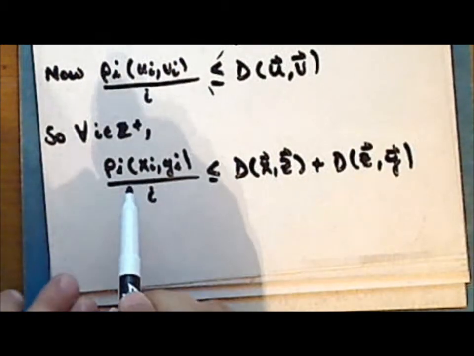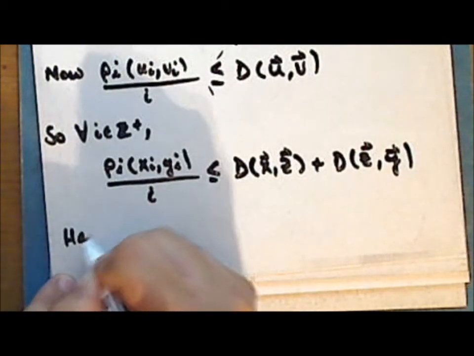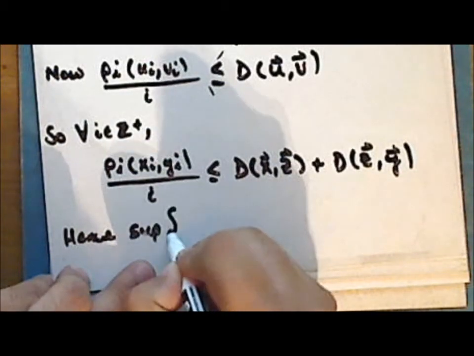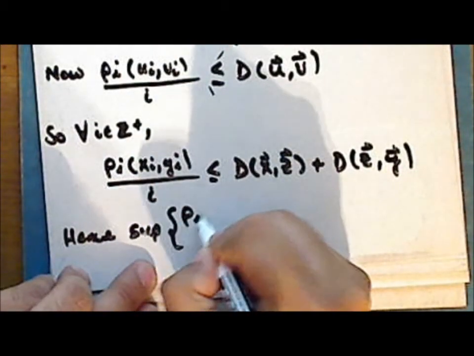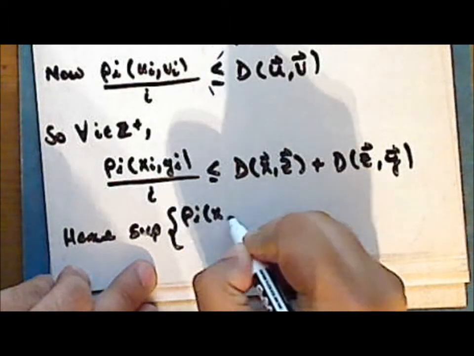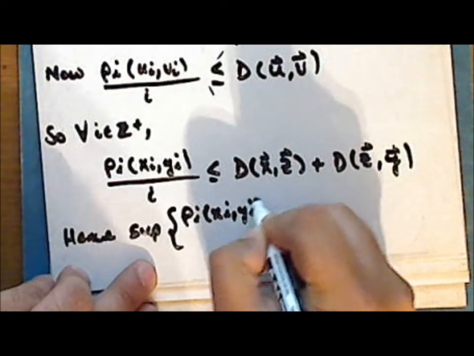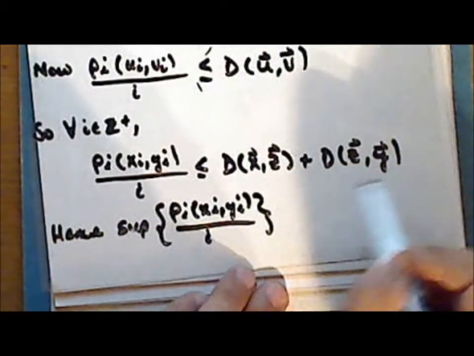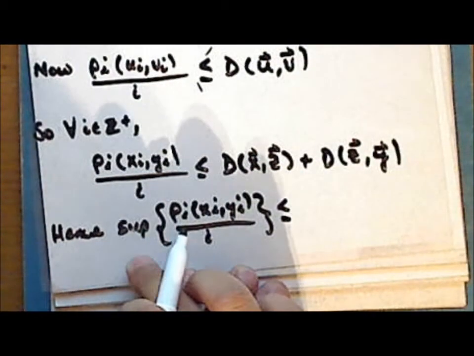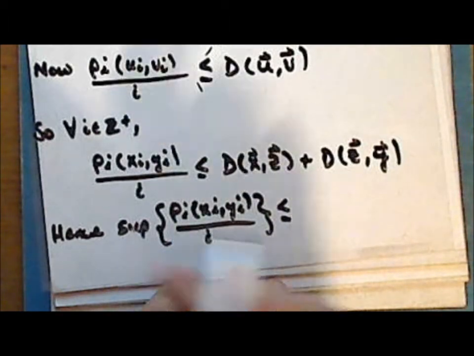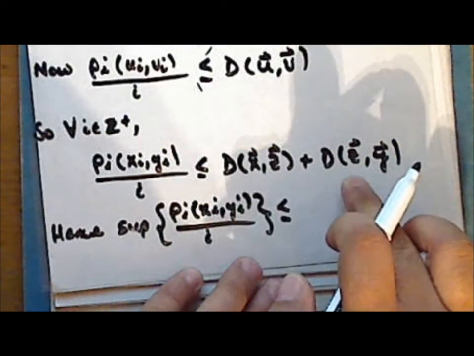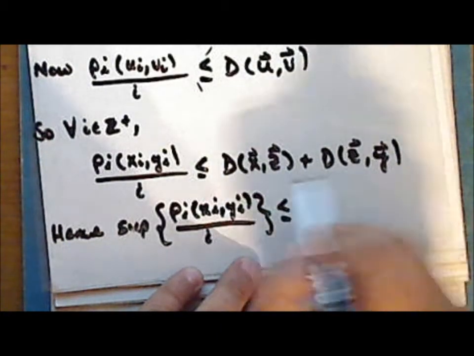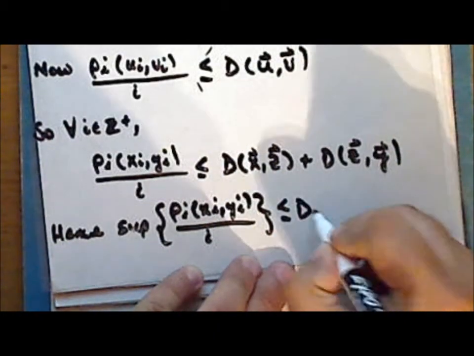So the supremum of the ratio of rho, taking as an argument x_i to y_i, to i, is less than or equal to this sum, as the supremum is the least upper bound. This is an upper bound, so the least upper bound must be smaller than or equal to this value.